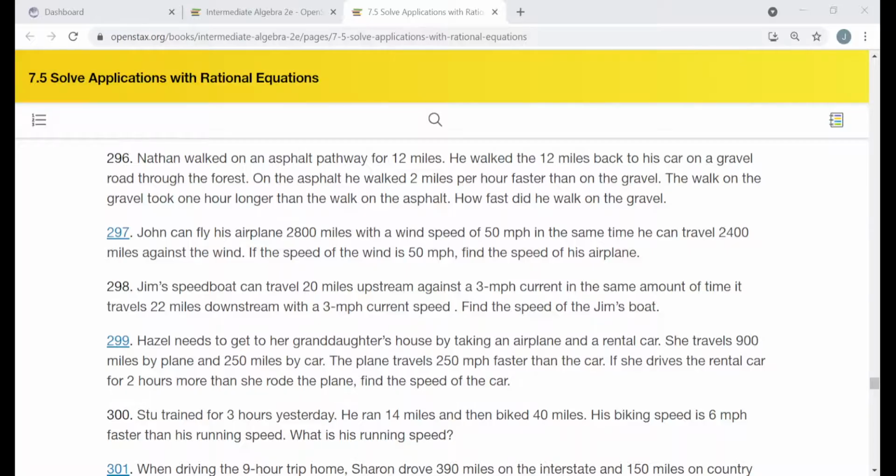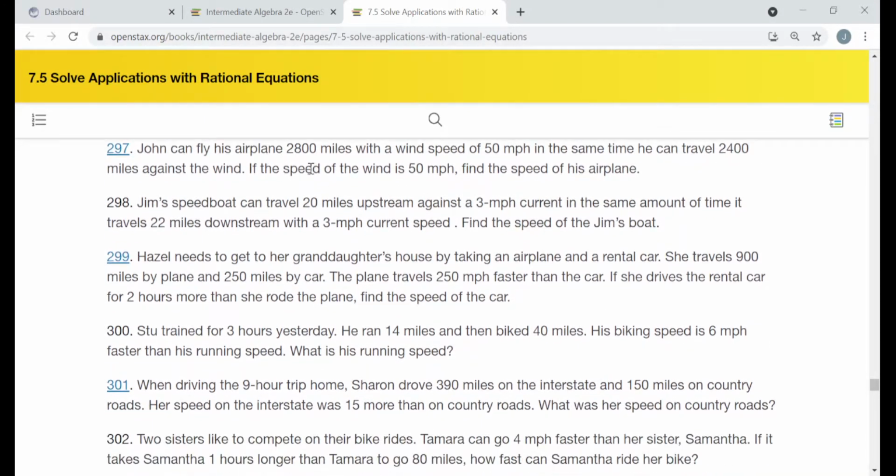So example 13, it's going to be exercise 297. So here, John can fly his airplane 2,800 miles with a wind speed of 50 miles per hour in the, so now we're back to like the first 4 questions with the wind speed, with the wind, against the wind, and they're doing the same.